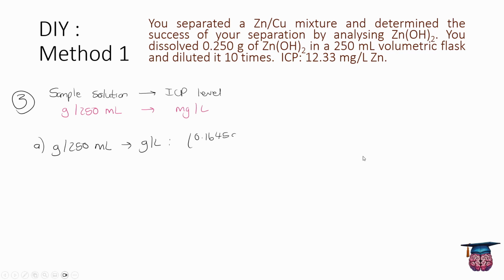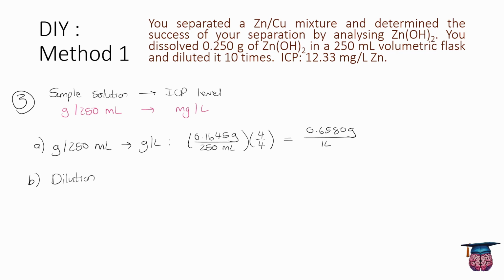This is simply the value that we calculated multiplied by 4 at the top and at the bottom, because we need to multiply 250 milliliters by 4 to get 1 liter. And this gives us a gram per liter value of 0.6580 grams per liter.